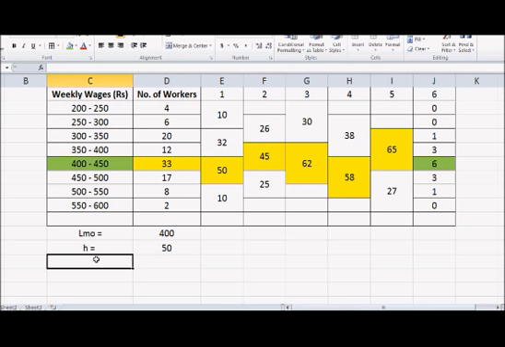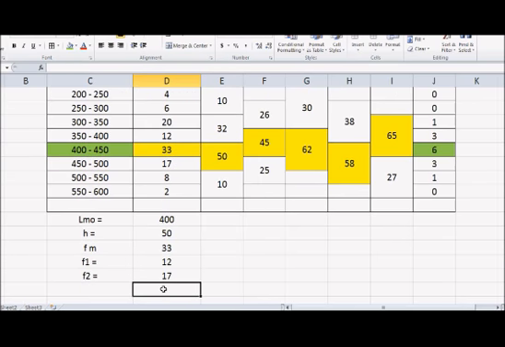And frequency of the model class, FM, is 33. Frequency before the model class, which I call F1, is 12, and frequency after the model class, F2, is 17. Okay, so we have all the data here.